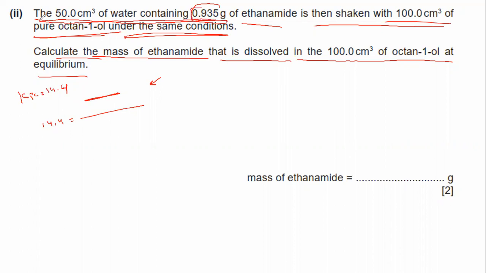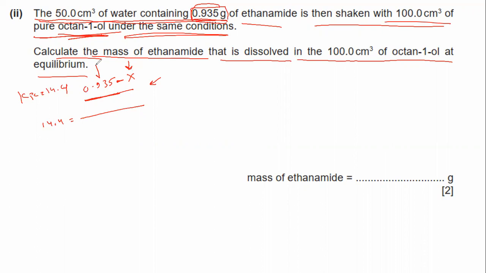So this is the mass of the ethanamide in water, 0.935. Some of this mass will go to the octane-1-ol layer.